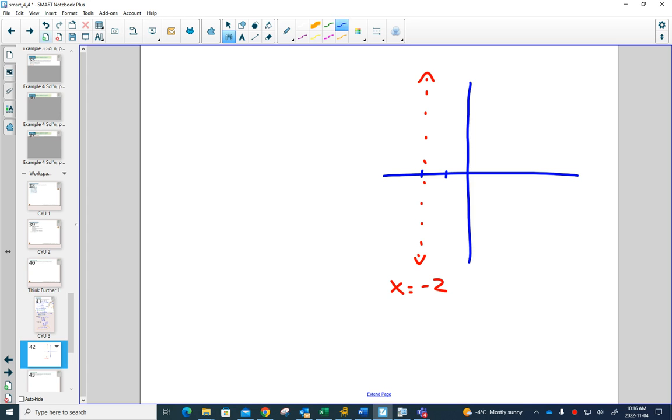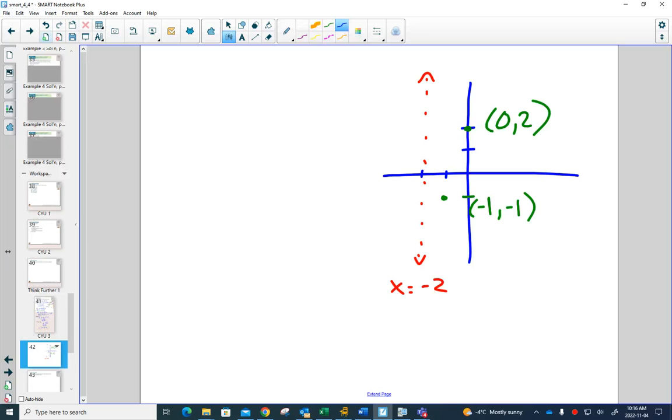They tell us that there is one point at (-1, -1), and another point, see if you like this shortcut. They tell us the other point is at (0, 2).